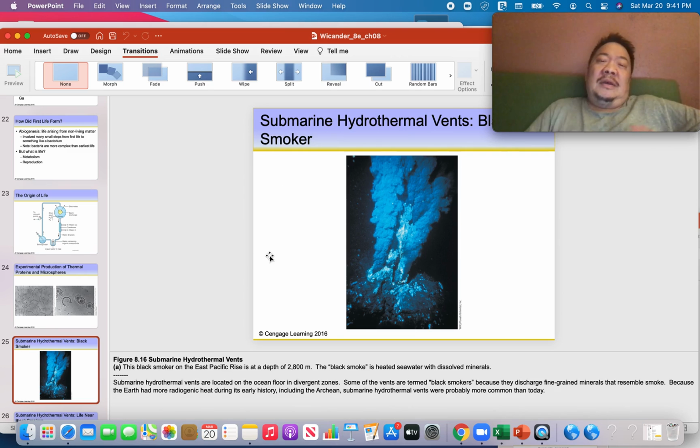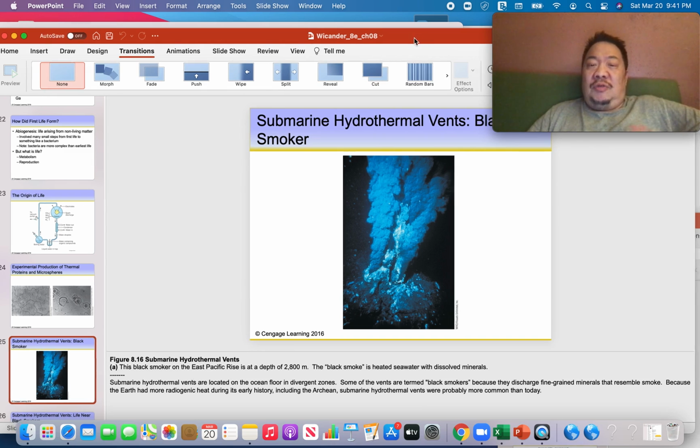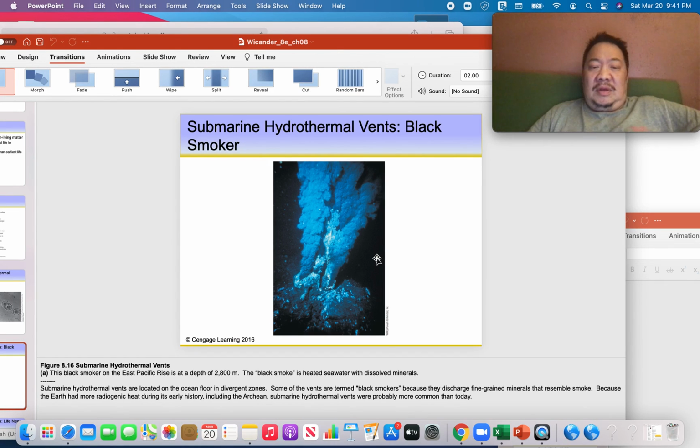But the second idea as to how life may have originated or begun is through submarine hydrothermal vents. If you do a Google search on black smokers, you will see that refers to these chimney-like structures that spew dark black smoke on the bottom of the sea floor.